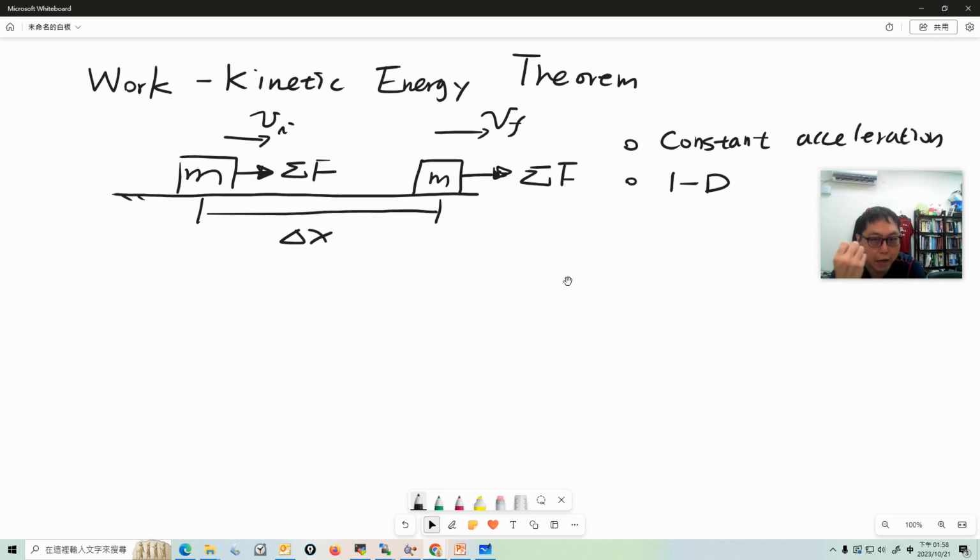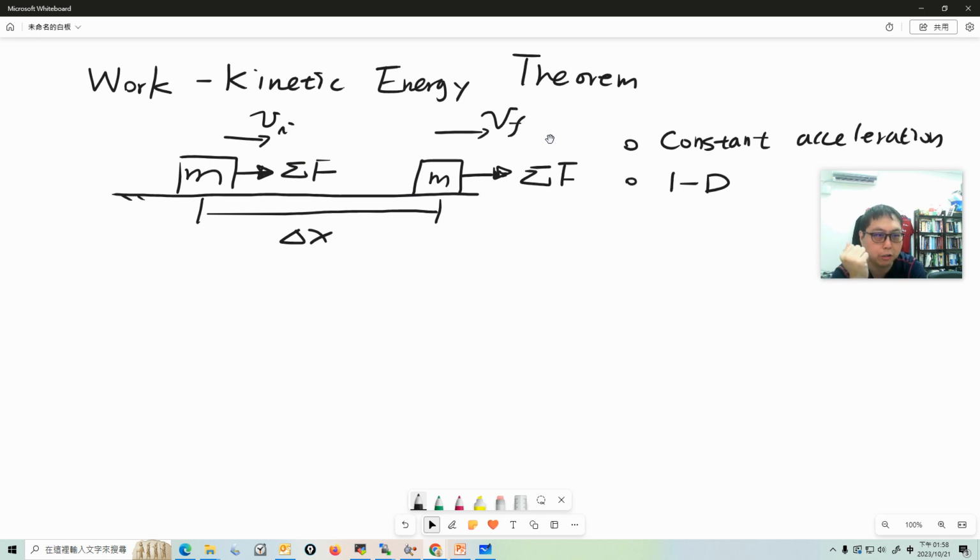Suppose we have a net force sigma F pulling the object from the initial position to the final position. The displacement is called delta x. The initial velocity of the object is vi, and after pulling the object over delta x distance, its velocity becomes vf.